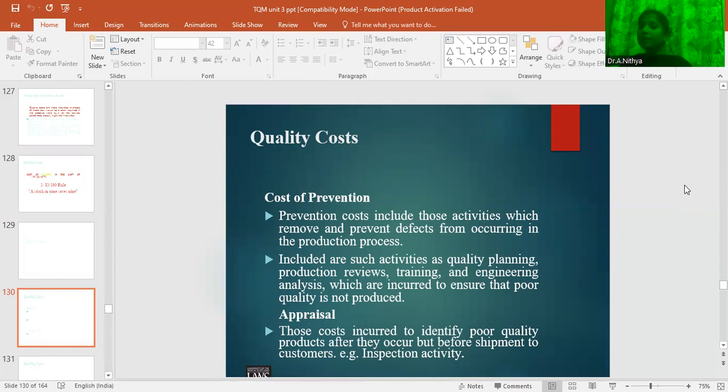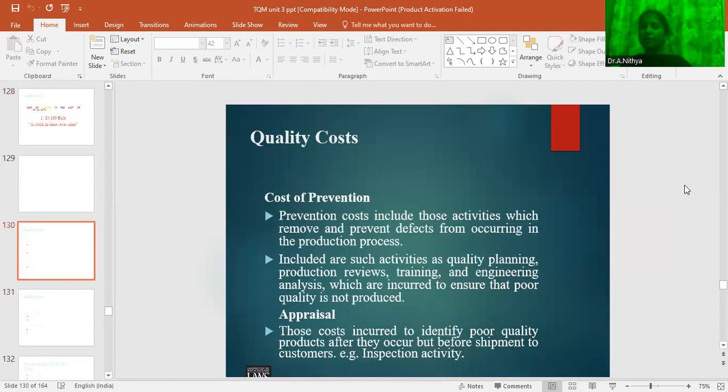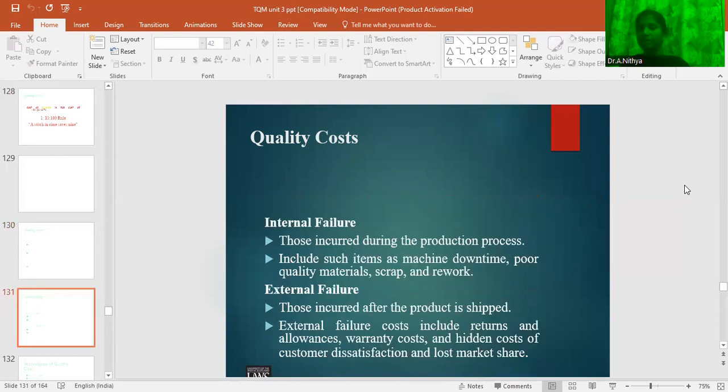These are incurred to ensure that poor quality is not produced. Then what is appraisal cost? The cost incurred to identify poor quality products after they occur but before shipment to customers. Examples are inspection, auditing, investigation, etc.